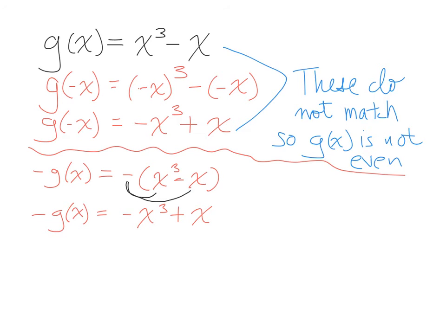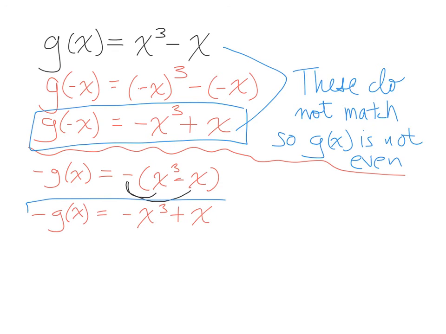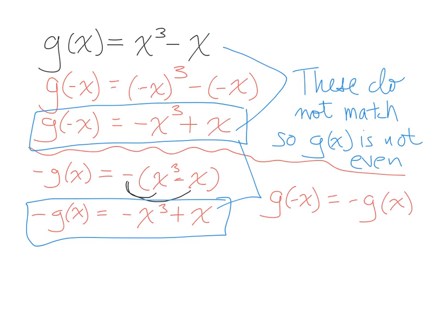And you may notice that this and this are the same. And if you look at the left-hand side of both of those equations, we can say g of negative x is equal to negative g of x. So we can conclude that g of x is an odd function.